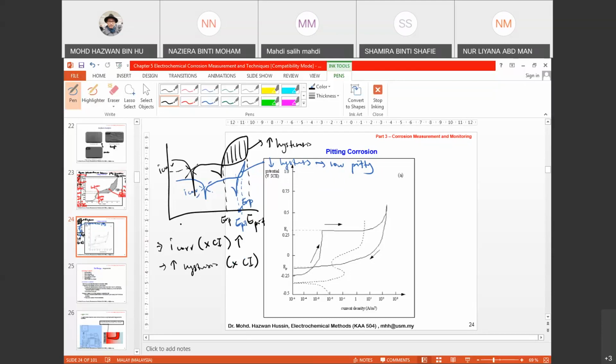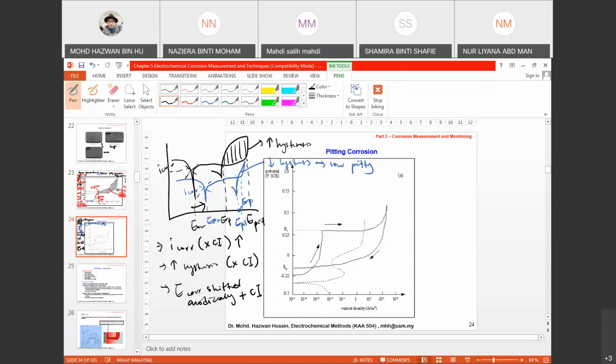And then you can also see that the E corr shifted anodically when you add CI. You can see that this E corr is shifted more positively, right? So, okay, any questions so far for cyclic polarization?